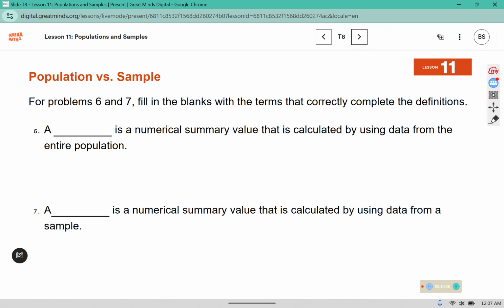For problems 6 and 7, fill in the blanks with the terms that correctly complete the definitions. A blank is a numerical summary value that is calculated by using the data from the entire population. This is called a population characteristic.